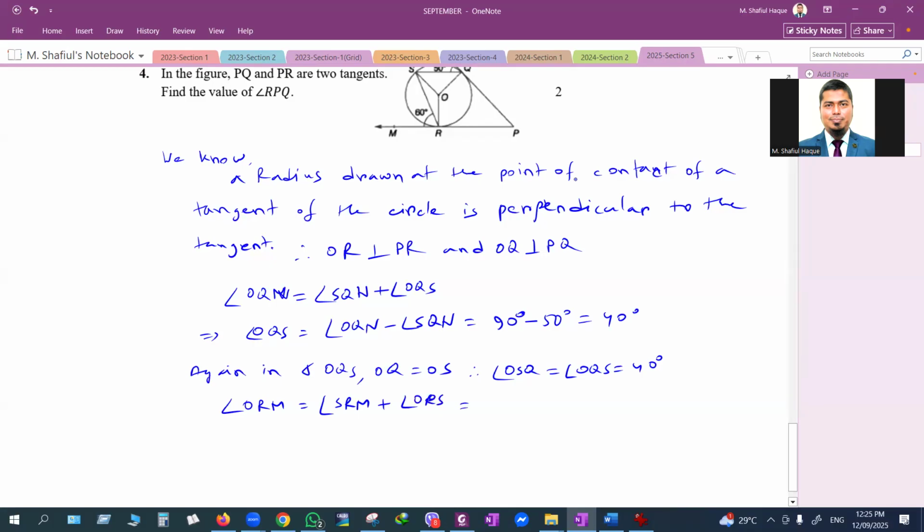That implies angle ORS is equal to ORM minus SRM. And that is, ORM is 90 degrees and SRM is 60 degrees. It is 30 degrees.